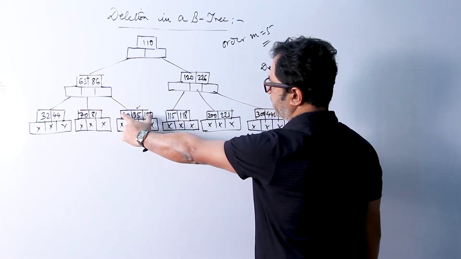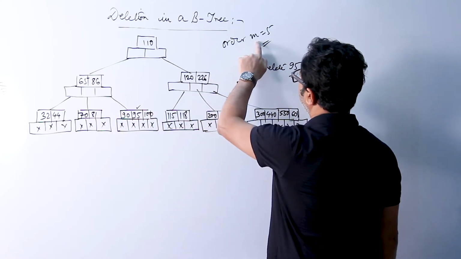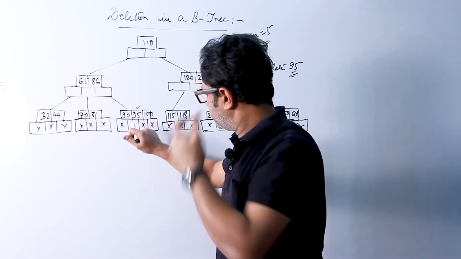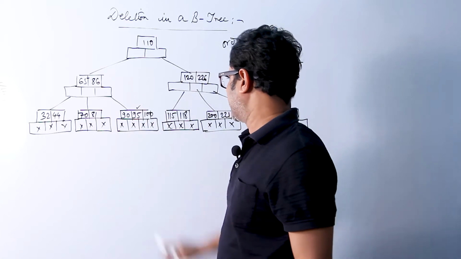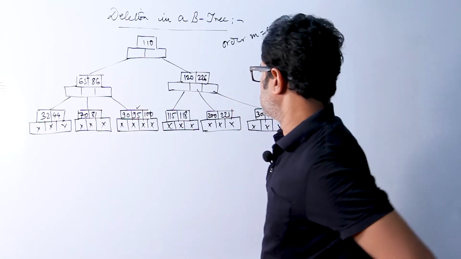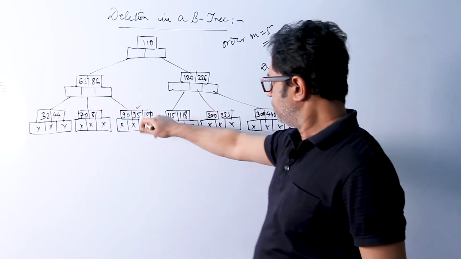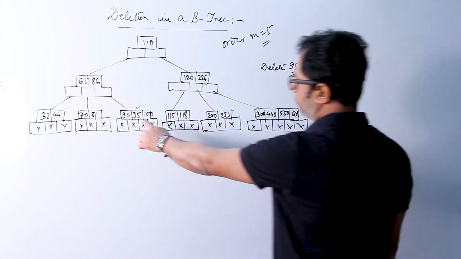This particular node contains 3 key values, and for a B tree of order m is equal to 5, we can easily delete this 95 and get 2 key values intact on this level. So 95 can easily be deleted by simply deleting the 95 from over here.